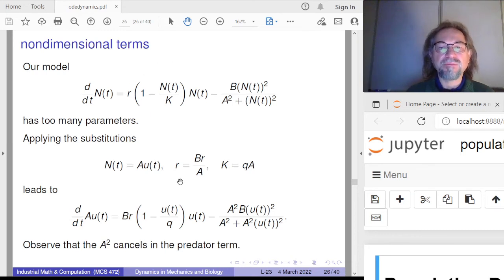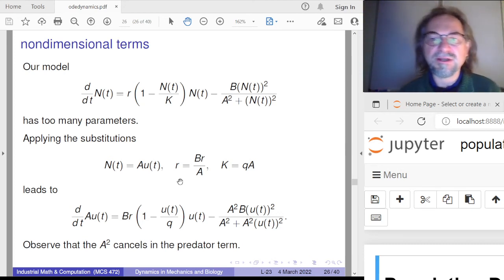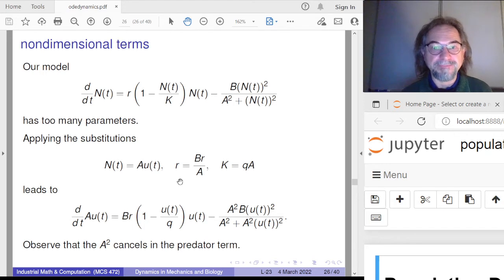So that's why the R gets replaced by B times R, and the carrying capacity is replaced by Q times A. So it's complicated, and it seems now that we are introducing yet another parameter. So we have 5 letters now. The Q has been added, but let's be patient a little bit.